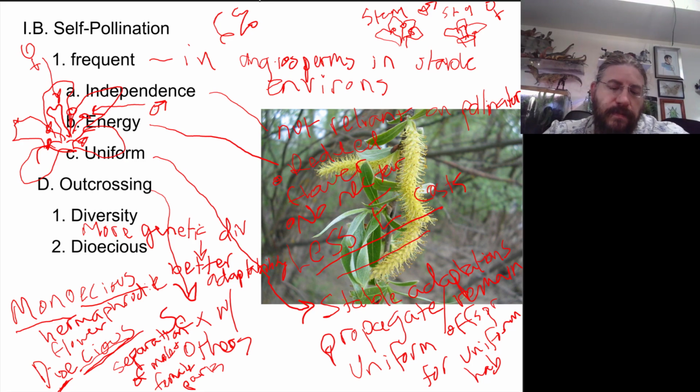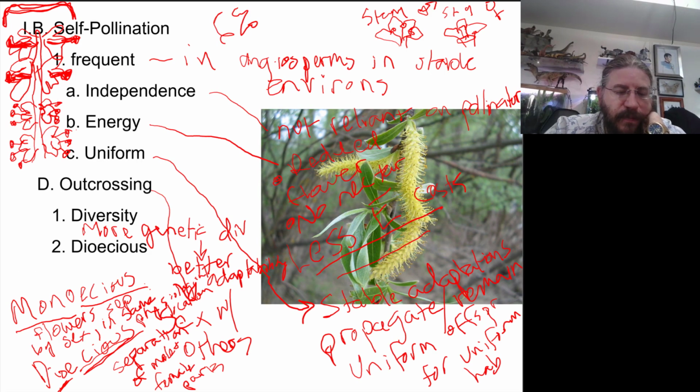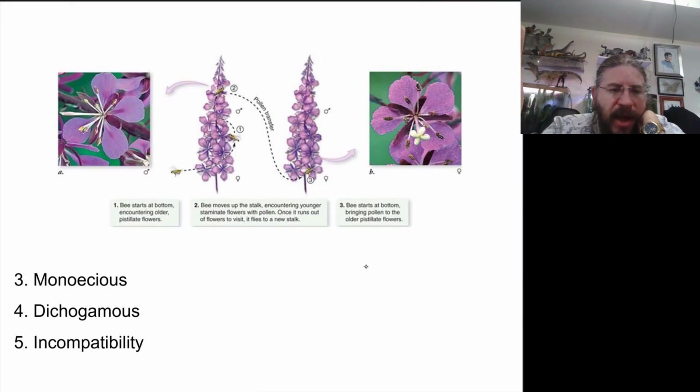So our big example here is monoecious flowers. So here's a spike of flowers. So pretty cool.